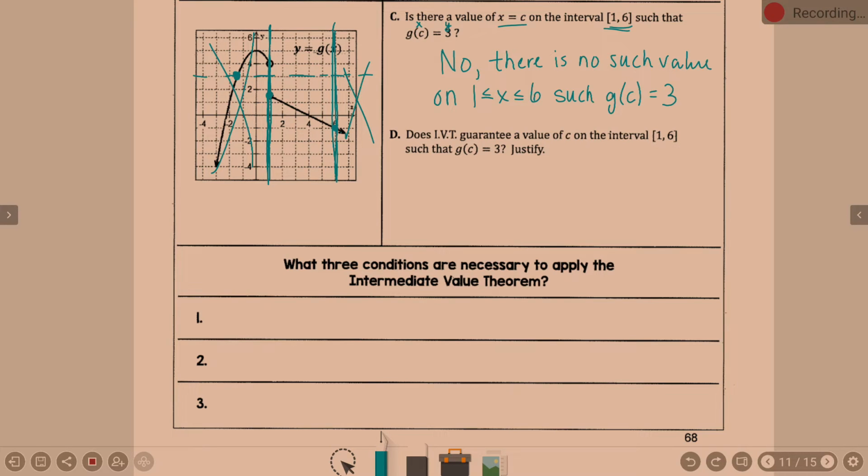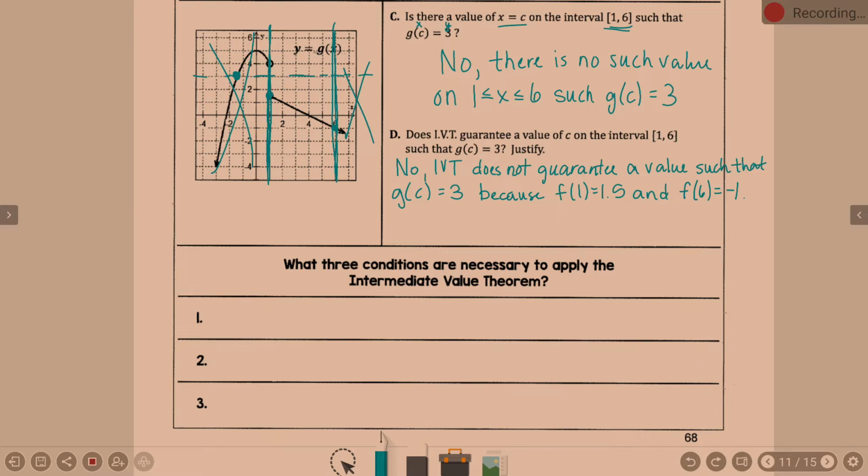Okay, so no. IVT does not guarantee a value such that g of c equals 3 because f of 1 equals 1.5 and f of 6 equals negative 1.